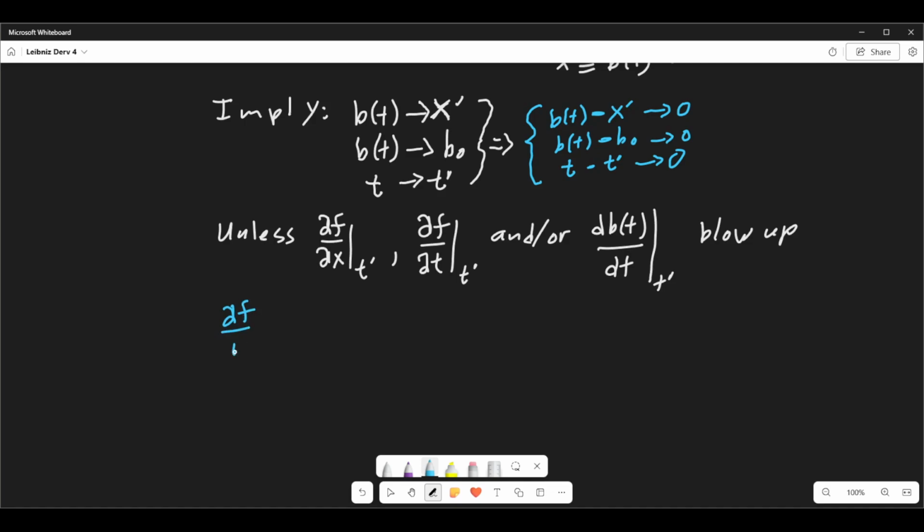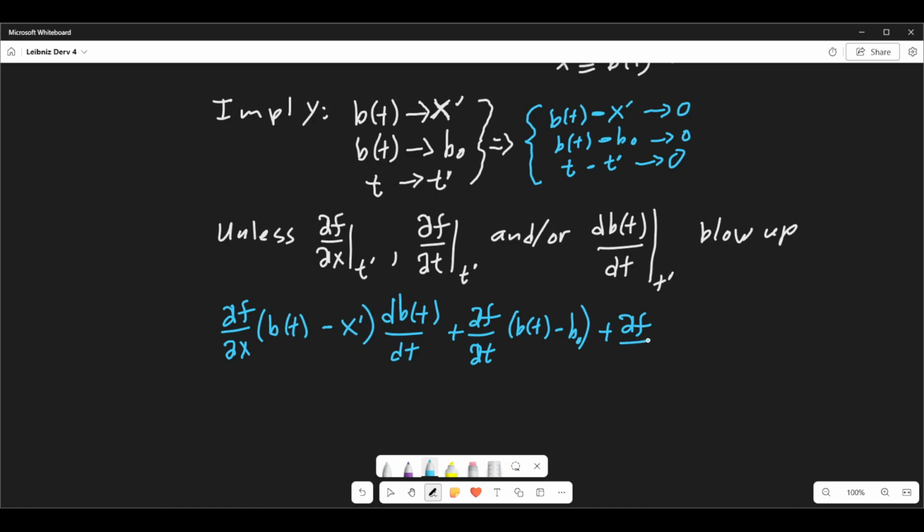So df dx and b of t minus x prime, and then db dt, plus df dt, and then this is b of t minus b naught, and then added to it is df dt, this is t minus t prime, and this is db dt.